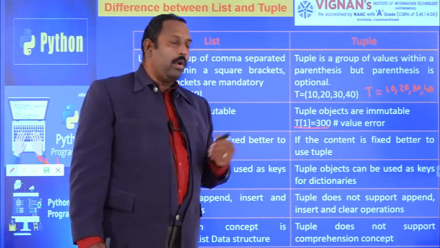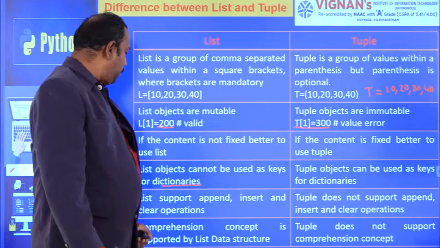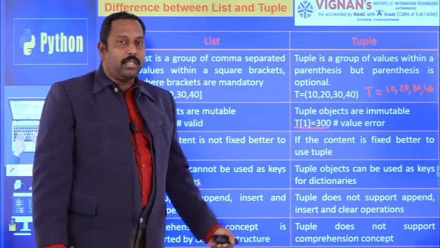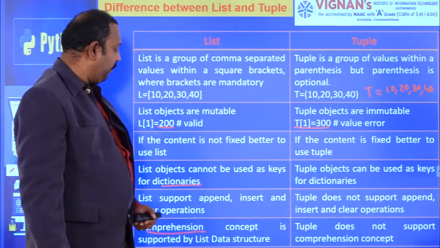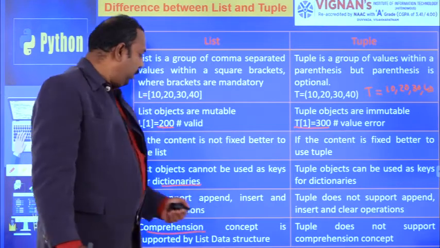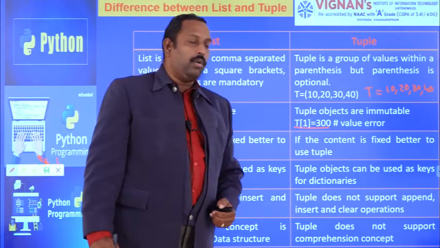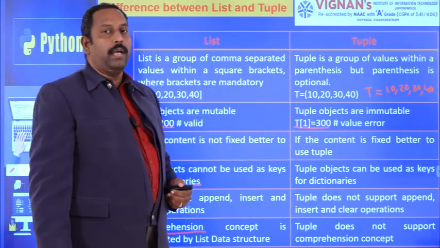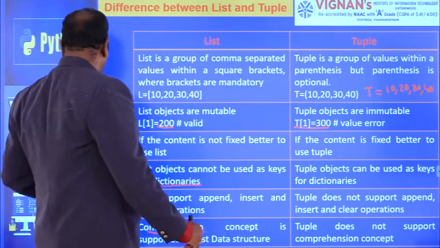That's why all these operations are not allowed. And the comprehension concept is supported by the list data structure. We will see it as the last topic in this unit, called comprehension. The comprehension concept is not supported by the tuple data structure. So these are some of the differences.